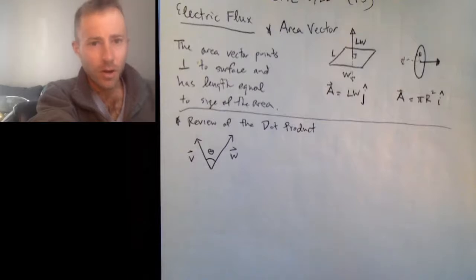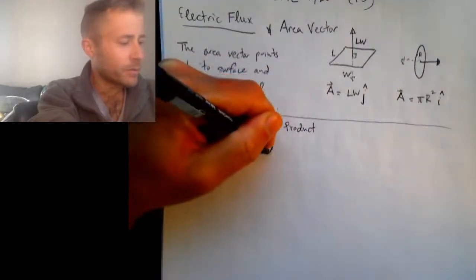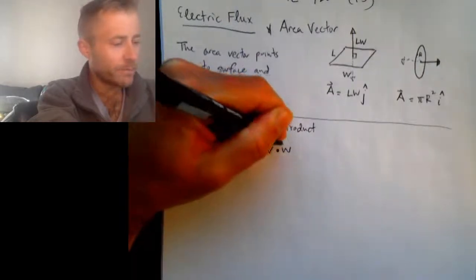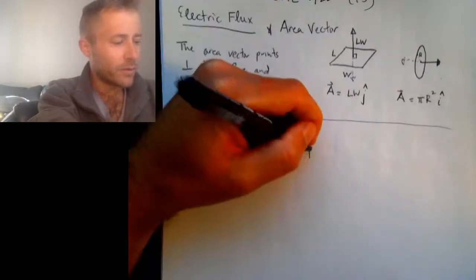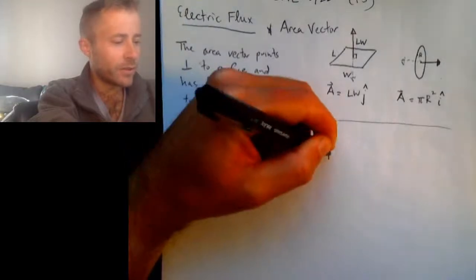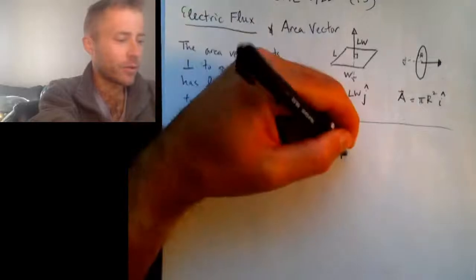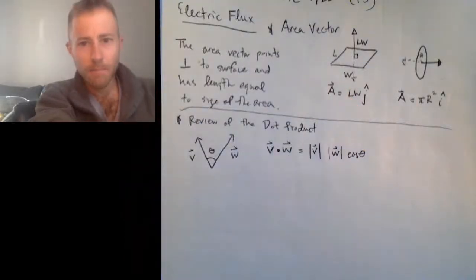Then the dot product, which is denoted by v dot w, is equal to the magnitude of the first vector times the magnitude of the second vector times the cosine of the angle between them, okay?